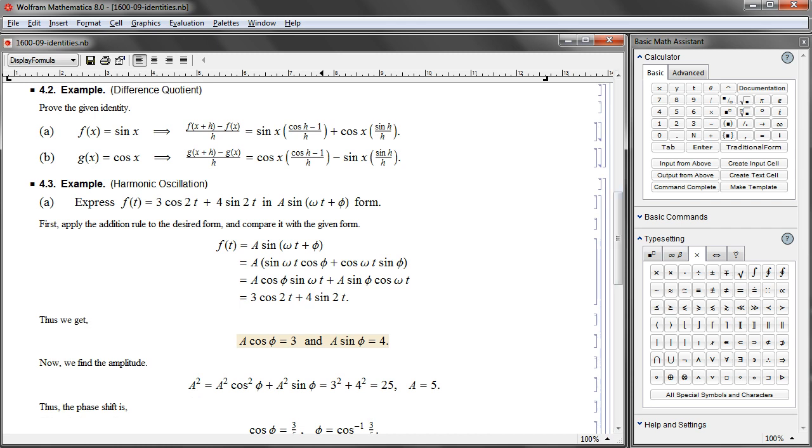So what we have, A squared is equal to A squared cosine squared and A squared sine squared. Excuse me, there's a typo. So square that. A squared cosine squared is 3 squared. Square that, A squared sine squared is 4 squared. And then cosine squared plus sine squared is equal to 1, so we have just A squared there.